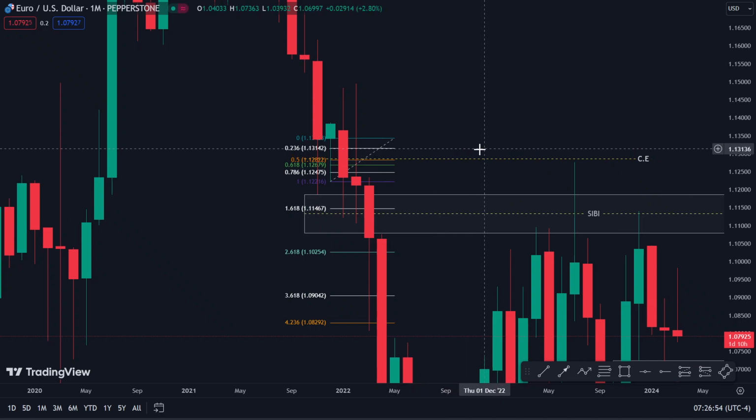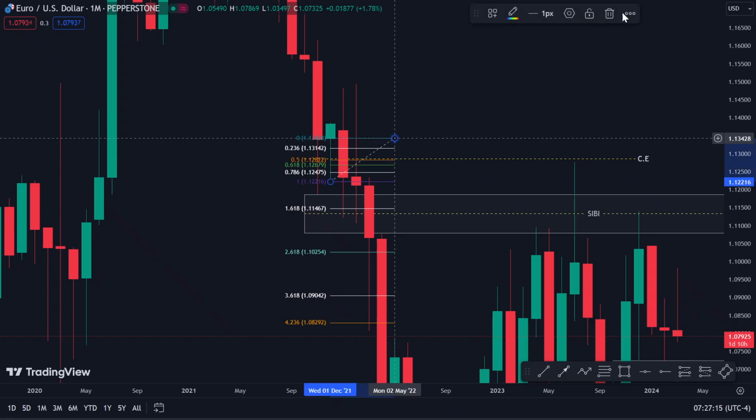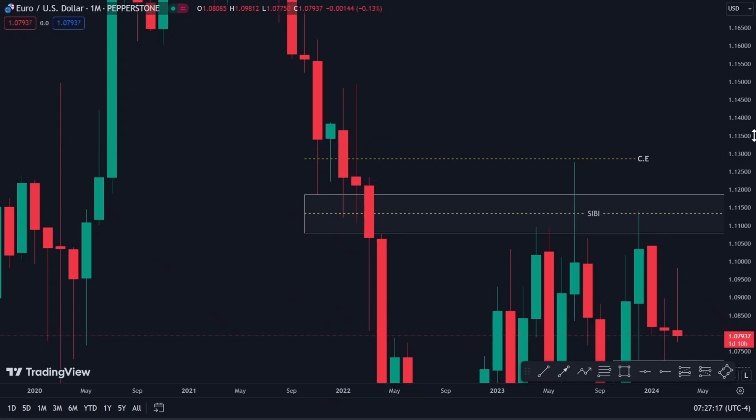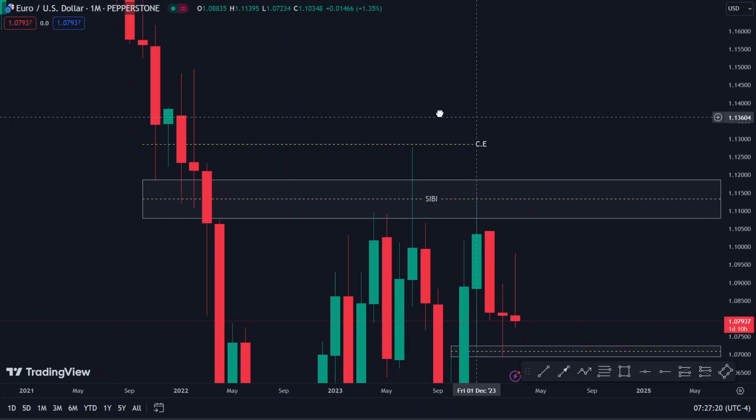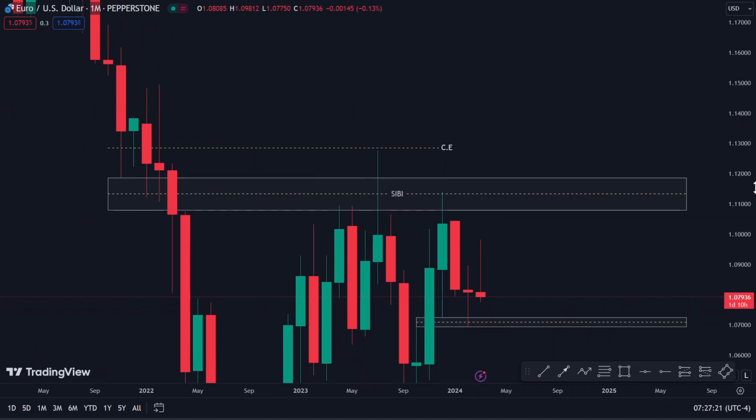It coincides with our 3-month premium consequent encroachment. You see, here is the 50% of this bullish order block, which coincides, or rather is nested within our 3-month premium wick consequent encroachment.